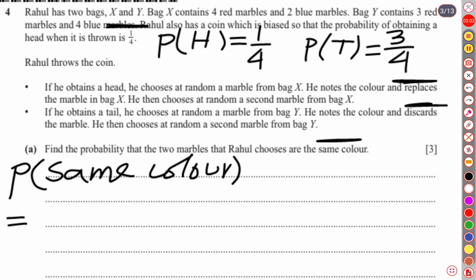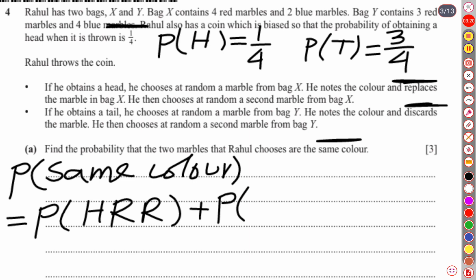He may obtain H, and then the first marble might be chosen red, and the second one must be red because same color: H, R, R. Or from the first bag, bag X, he may choose both of them blue: H, blue, blue. Well, so this is about bag X.